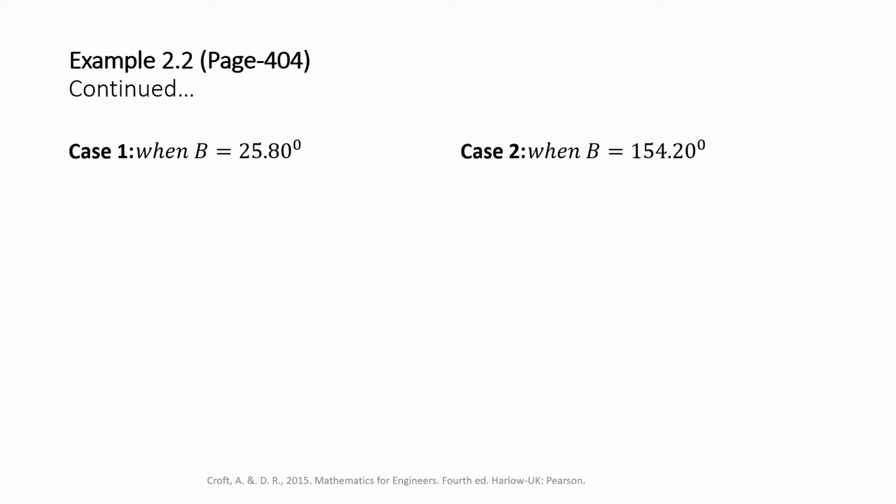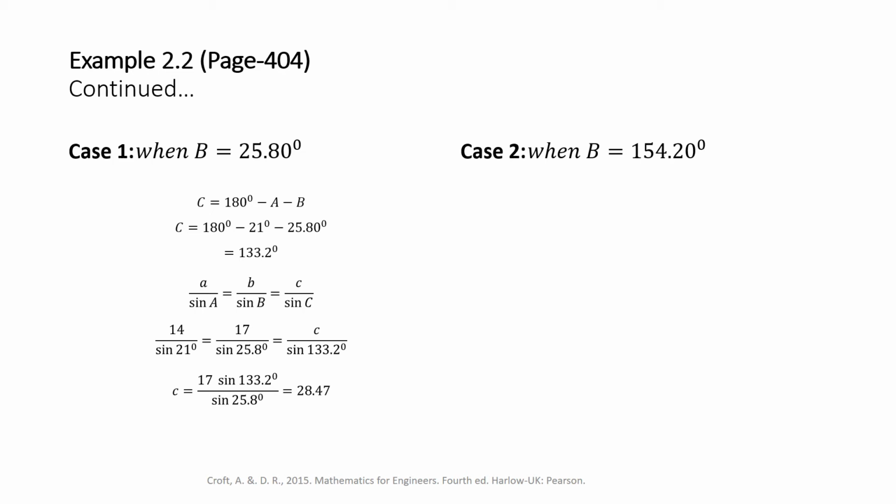We solve for case 1 first. We know that the sum of the angle measures is 180 degrees. Plug in A and B values. B we recently calculated, and then this is the final answer for angle C. Now all of the angles have come out in case 1, and we can go now for the remaining side.